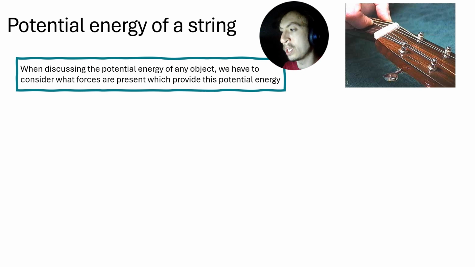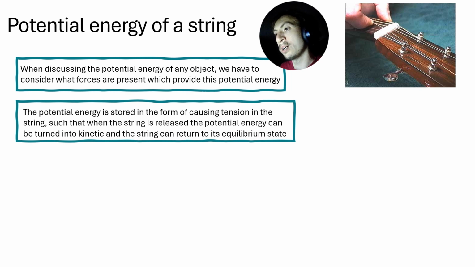Now in our string, the thing that is giving any infinitesimal segment potential energy will be the tension present at that point in the string. So the potential energy is a result of the tension, and therefore when we're calculating the potential energy of a particular segment, we need to calculate it based on the tension that segment is under.